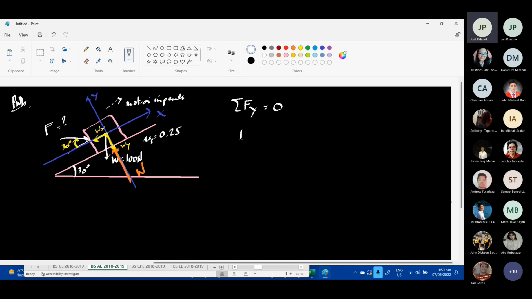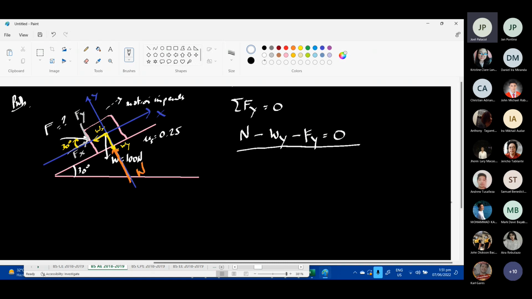Okay, going up is the normal force minus the opposing Wy. And there's still another one. What is that? It's this one, Fy. So we resolve F into Fx and Fy. Fy will be in the negative y direction. So you still have here Fy equal to 0. That will be your equation to find N.